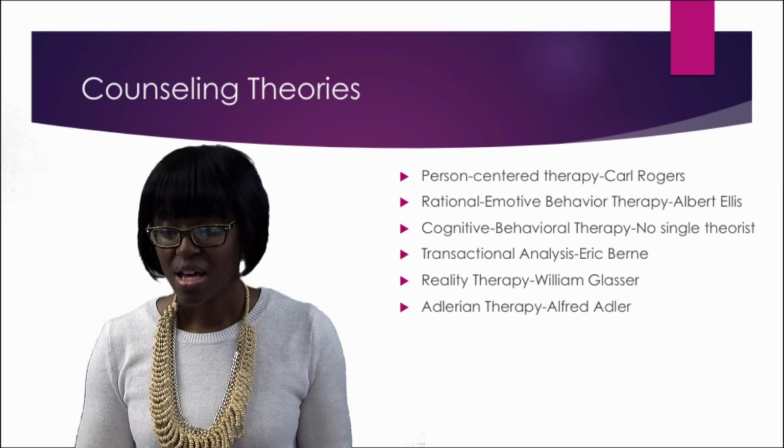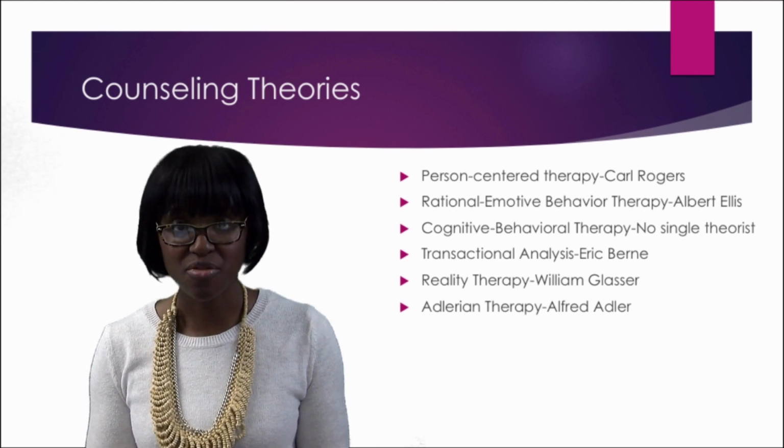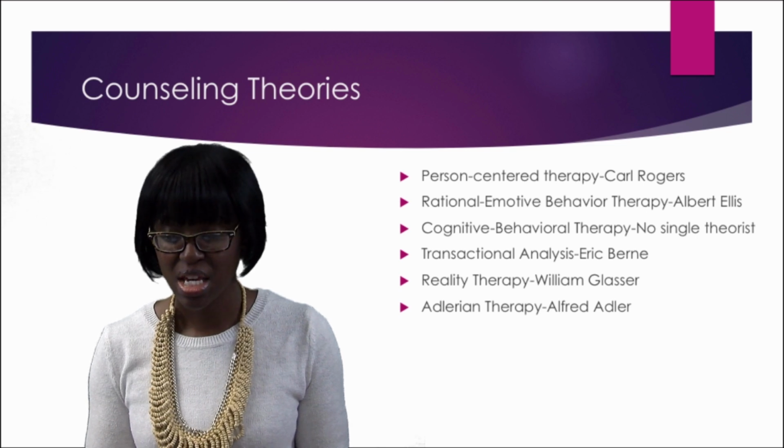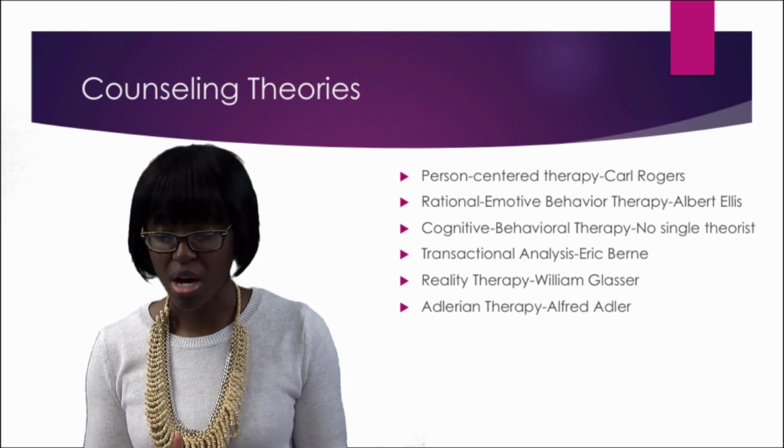So again, the event is A, the behavior consequence is C, and their belief system is B. So that's where the ABC model comes from.